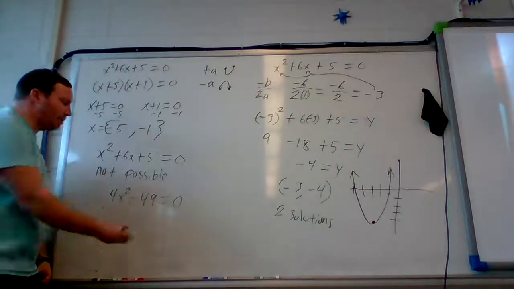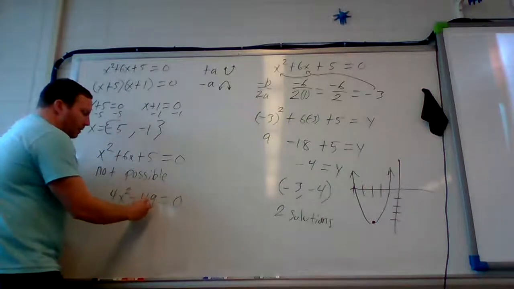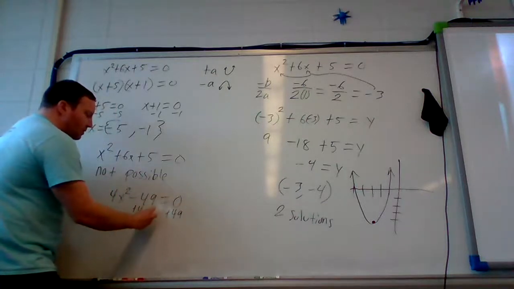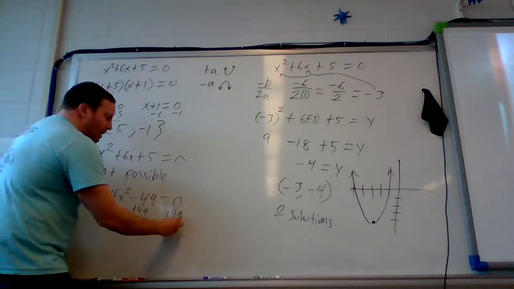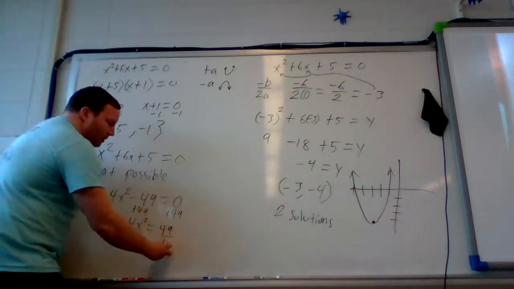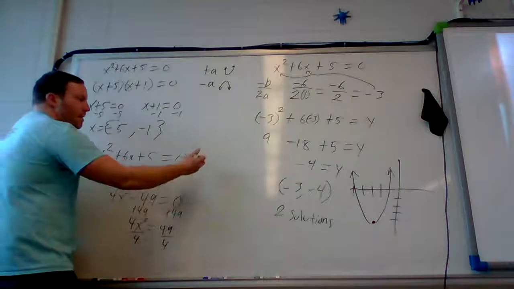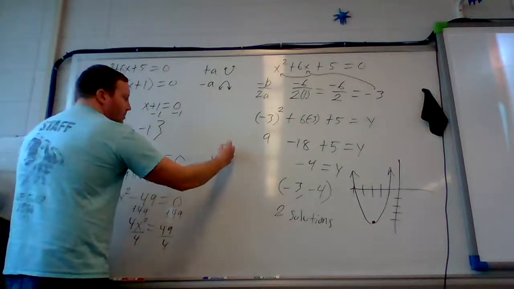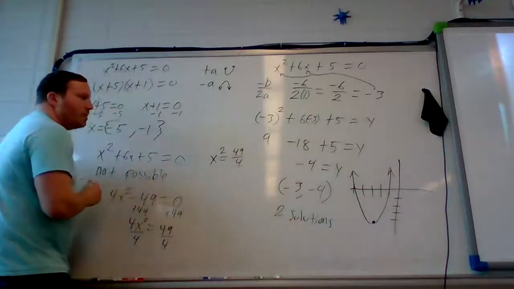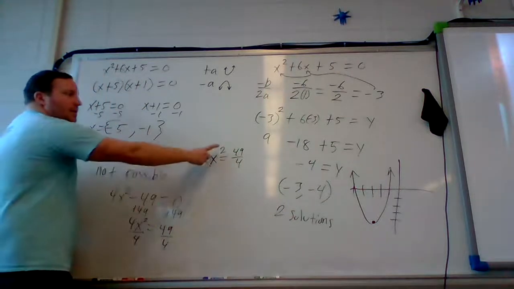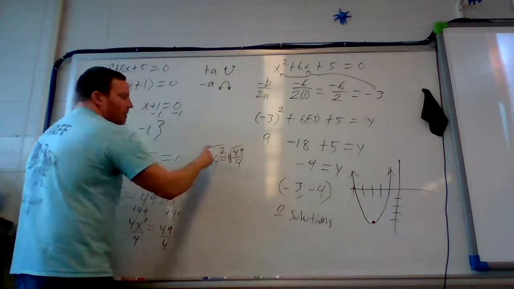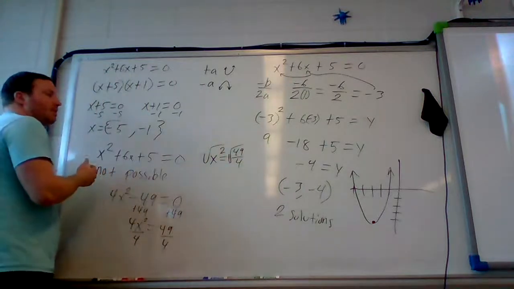And the way we would do that would be add 49 over, we get 4x squared equals 49. Divide them both by 4, so before we can take that square root, do your division. That gets us x squared is equal to 49 divided by 4. And the last thing is we want to get rid of the squared, so we take the square root of both.